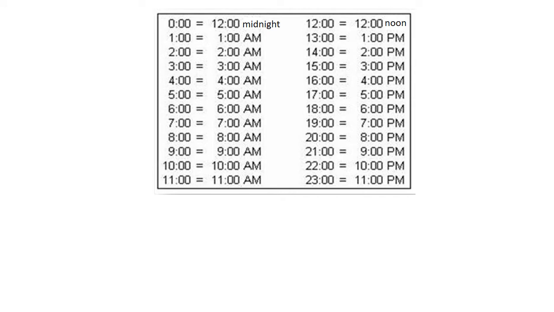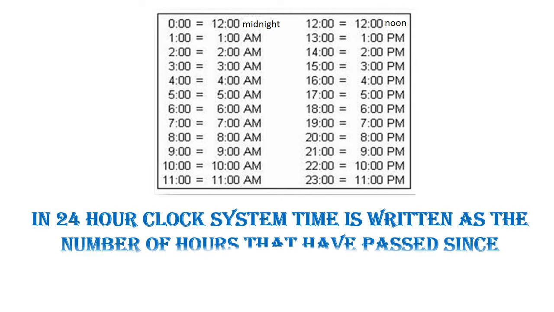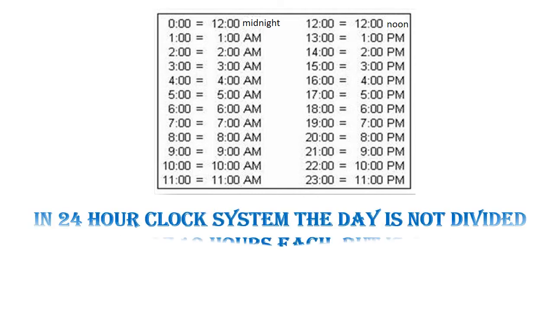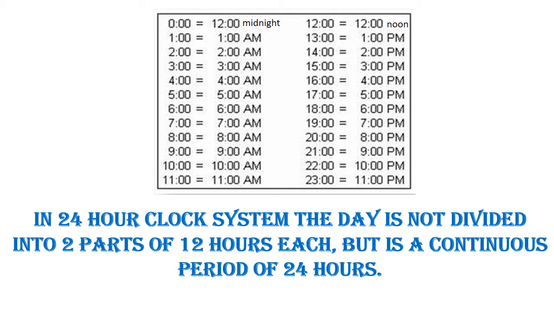In the 24-hour clock system, time is written as the number of hours that have passed since midnight. The day is not divided into two parts of 12 hours each, but is a continuous period of 24 hours.